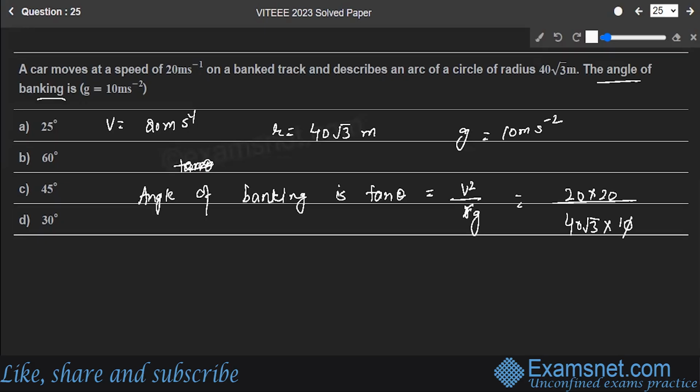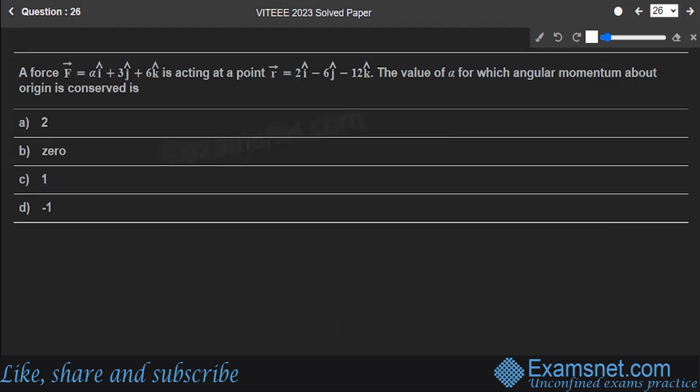So these two things will cancel and this also will cancel. So this is equal to 1 upon root 3. This gives you tangent theta is equal to 1 upon root 3, which makes theta equal to 30-degree. So you have option D as the right answer to the question. Hope you understood this. Next is question number 26.